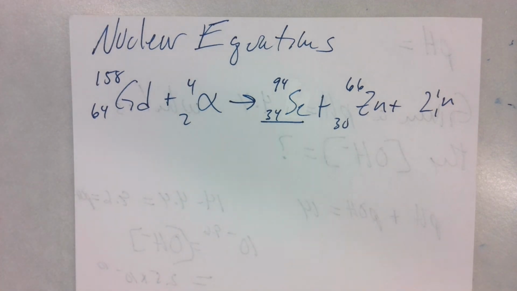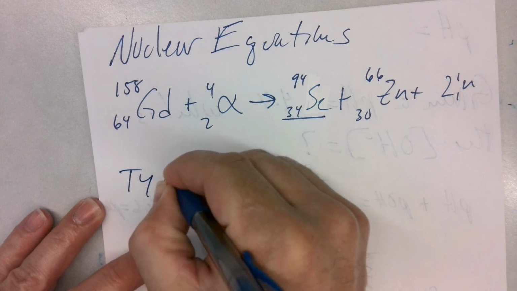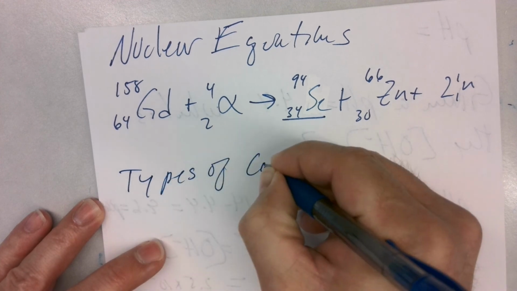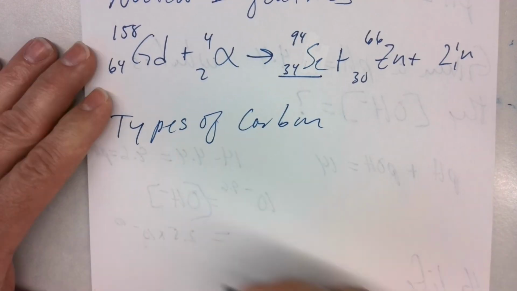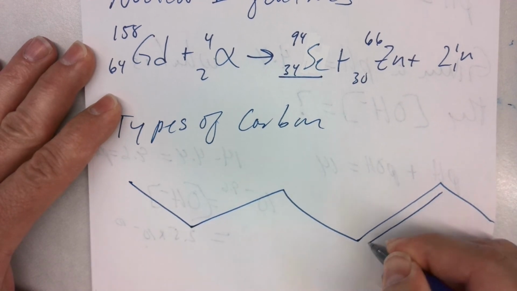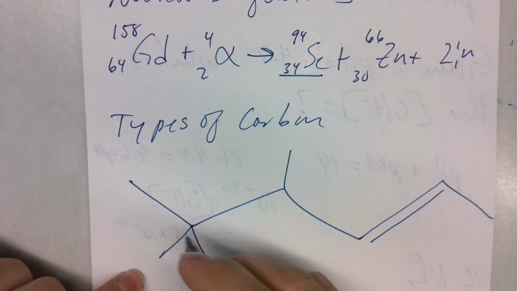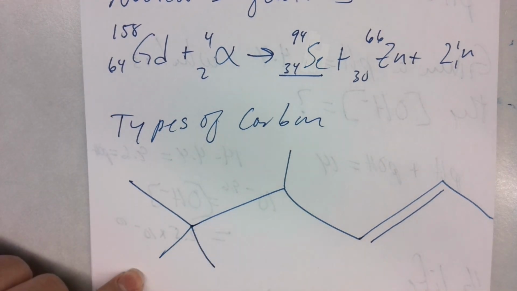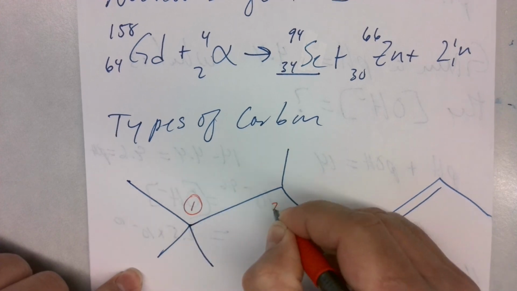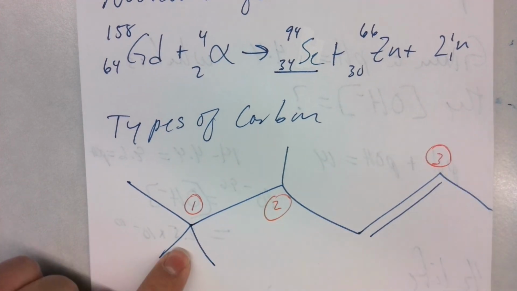Alrighty, so... Oh! Then there is a types of carbon question. So it's going to look like this. They'll say, okay, this is carbon 1, this is carbon 2, and this is carbon 3. What kind of carbon is carbon 1?